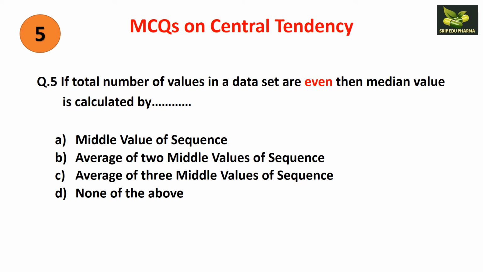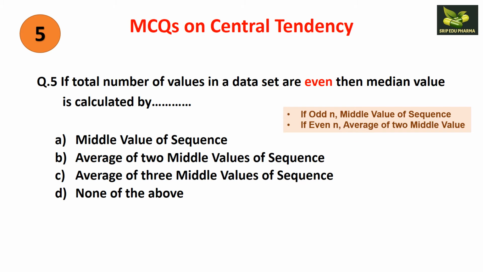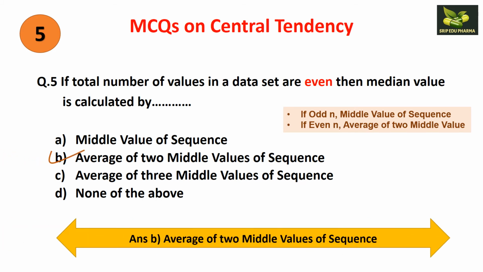But we have to remember that if the total number of values is odd, then the answer is the middle value of the sequence. But if it is an even number, then the average of two middle values is taken. So the answer will be B, that is average of two middle values of sequence.